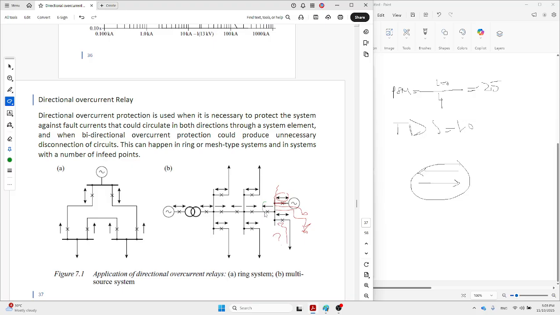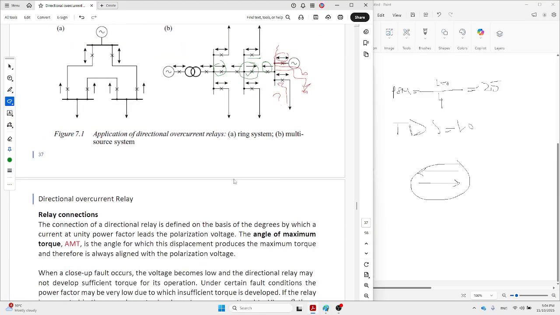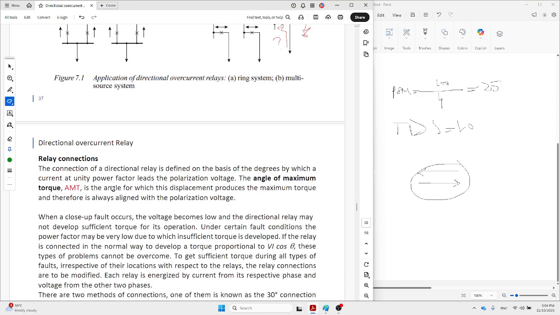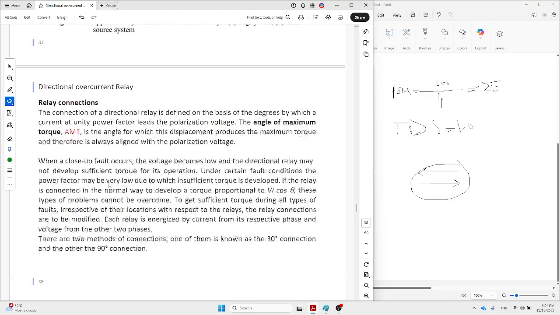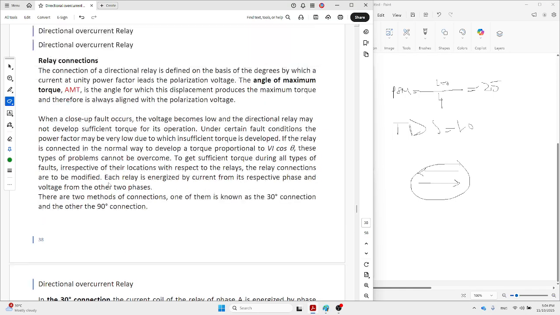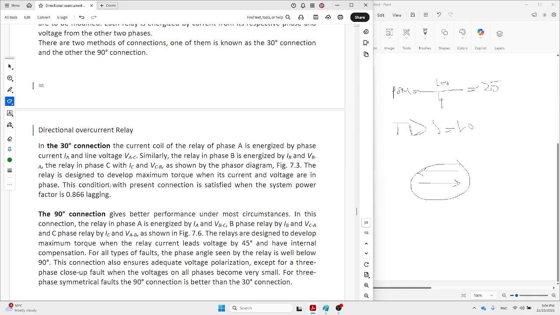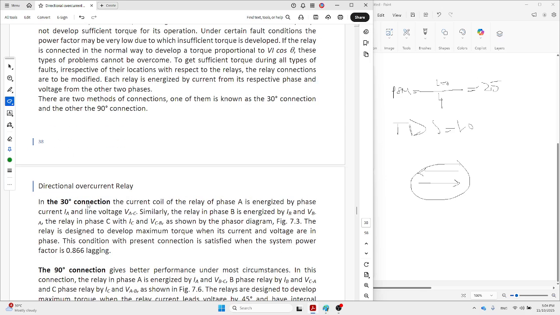This relay will not operate since the direction of the fault is this way. So the only relay that must operate is this one, and the backup for this relay can be considered as this one. This is the way we consider the directional overcurrent relay. For this purpose, we can suggest different types of connection: the 30-degree connection and the 90-degree connection.